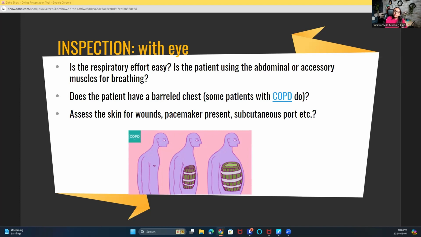Then we sometimes see barrel chest. Barrel chest is seen in a COPD patient, you can tell from looking at his chest. It looks like he's having a barrel, it is so big. Check the wound, pacemaker, any subcutaneous port on the chest, etc.